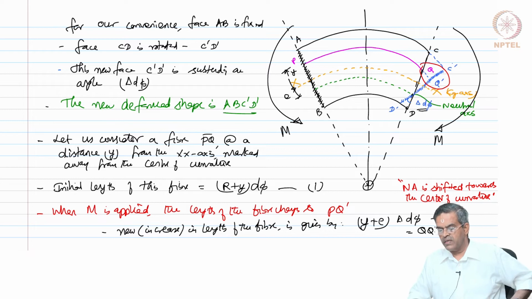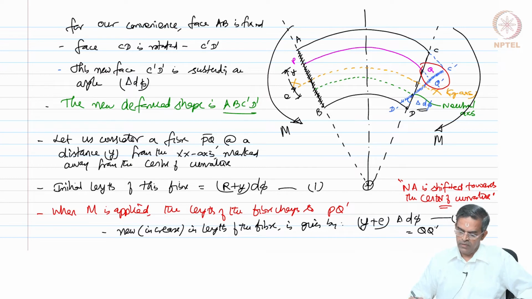From the geometry, can I say QQ dash is (y plus e) delta d phi? Okay.